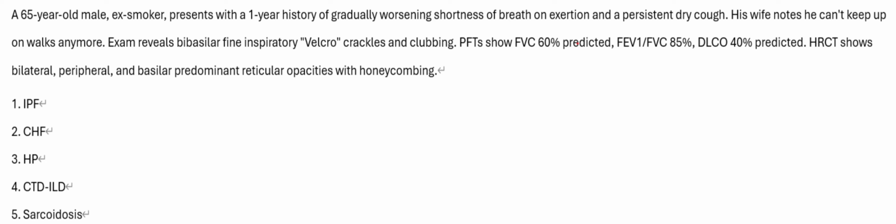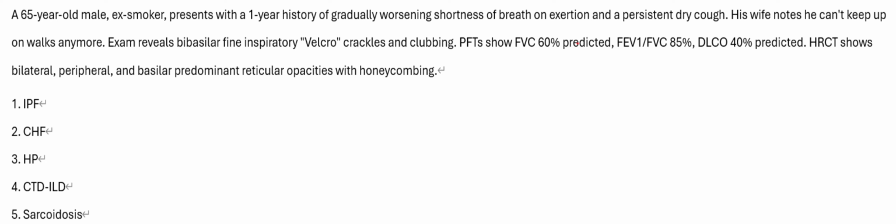Then CTD-ILD, connective tissue disease associated interstitial lung disease, is a manifestation of systemic autoimmune diseases like scleroderma, rheumatoid arthritis, lupus, and myositis. The presentation is ILD symptoms plus systemic features of CTD like joint pain, rash, and skin nodules.